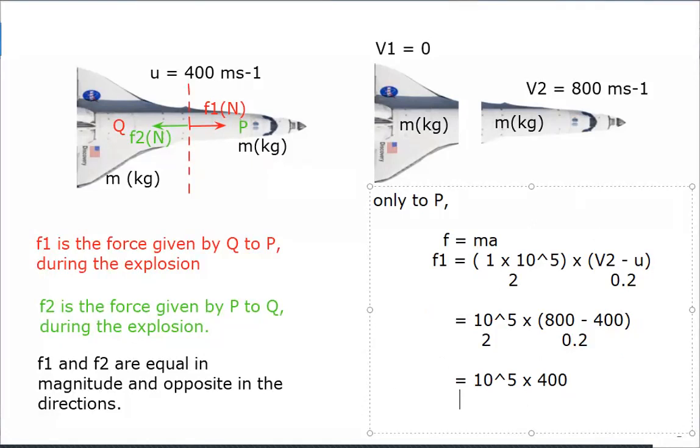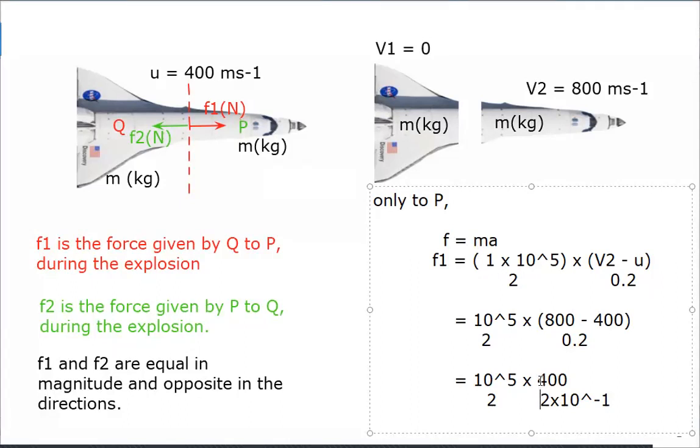This 2 will be there, isn't it? 0.2 can be written as 2 into 10 to the power minus 1. Am I right here? Yes, sir. Now we can easily solve this problem. Look at both.